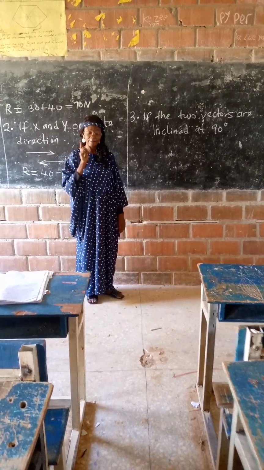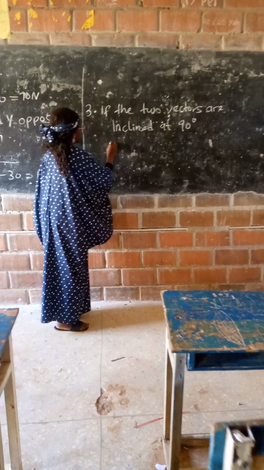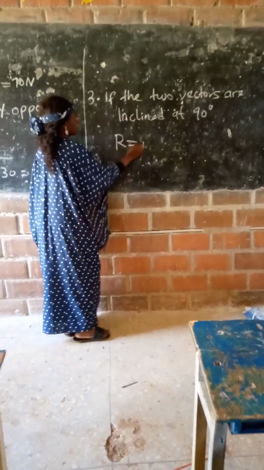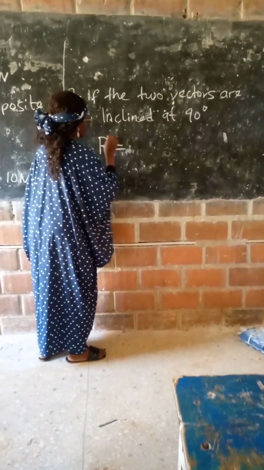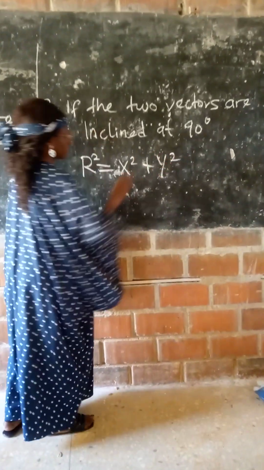And what is Pythagoras theorem? R squared is equal to x squared plus y squared.